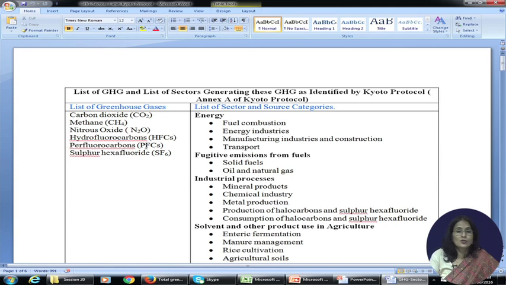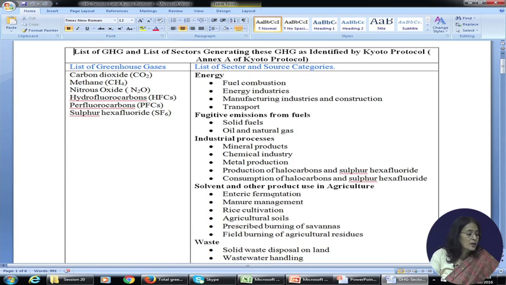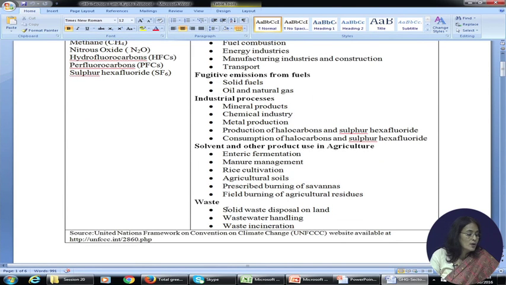All these are your GHG gases, and the sectors responsible for generating them are fuel combustion, energy industry, transportation, industrial processes, mineral processing, chemical industry, metal production, solid waste disposal, waste water handling, and waste incineration. All these industries are responsible for generating greenhouse gas. So this particular detail got formulated during the Kyoto Protocol.